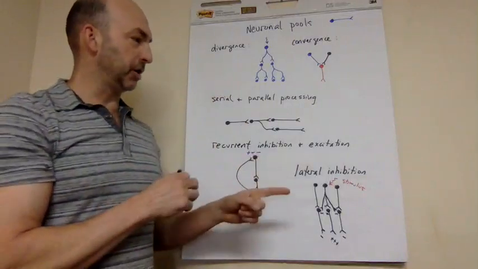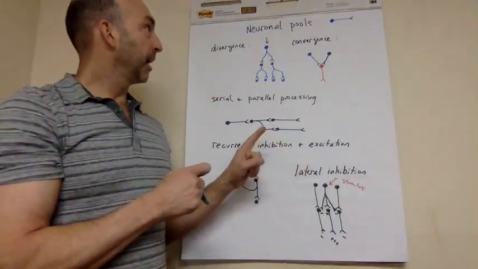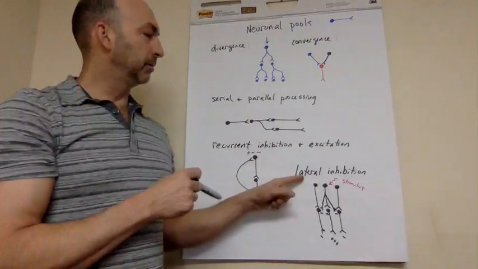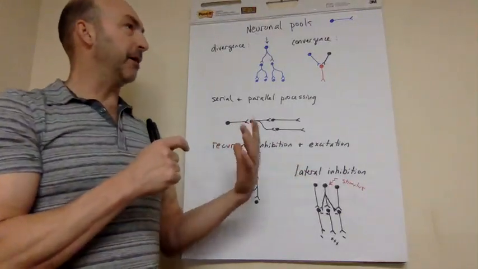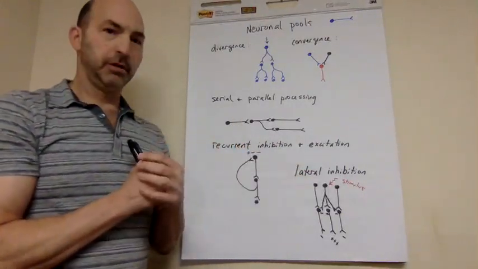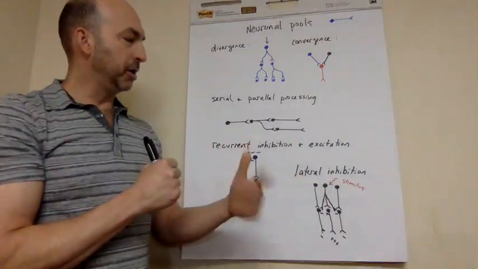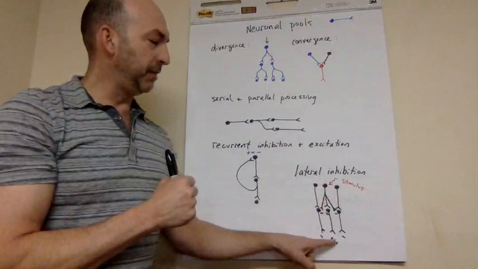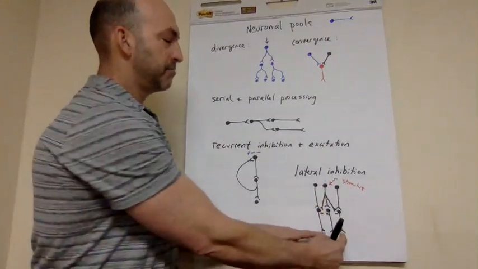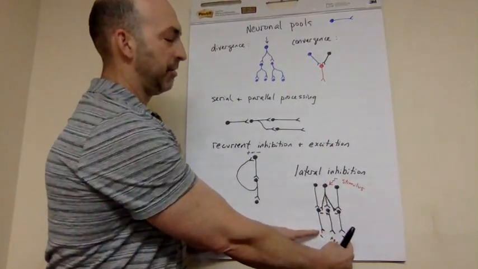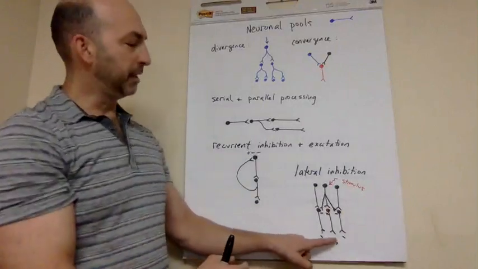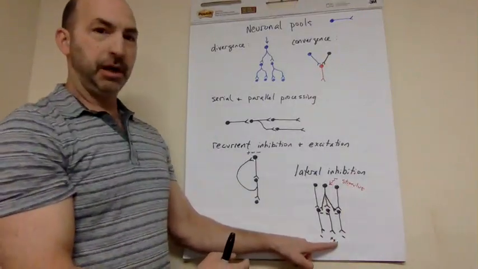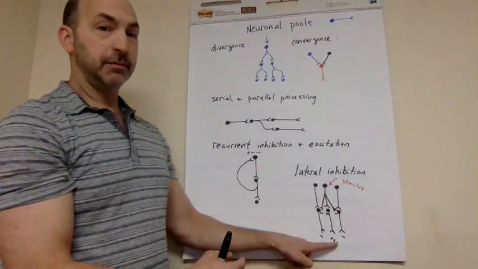And a lot of that is generated through a neural pattern called lateral inhibition. So again, lateral inhibition is allowing a stimulus to be received at a particular location, but inhibiting the surrounding cells to make this guy stand out even more than it would otherwise. Okay.